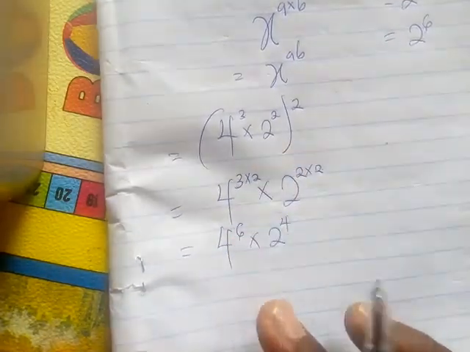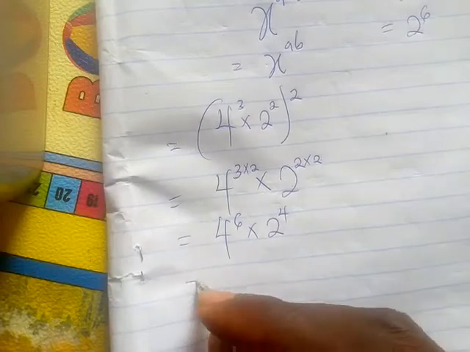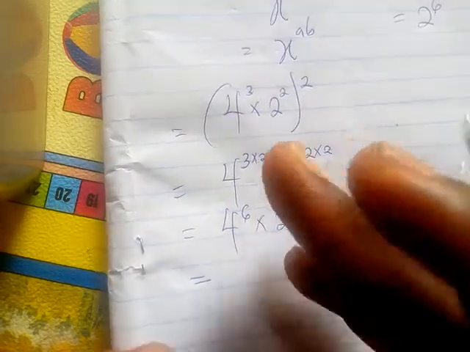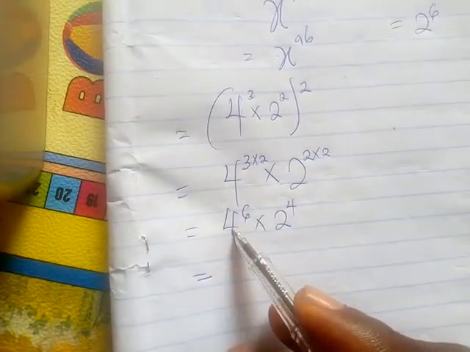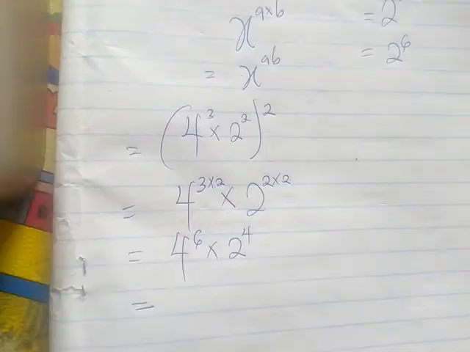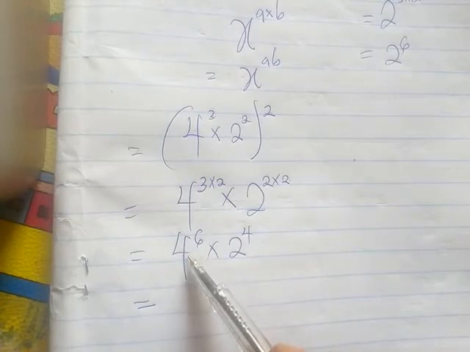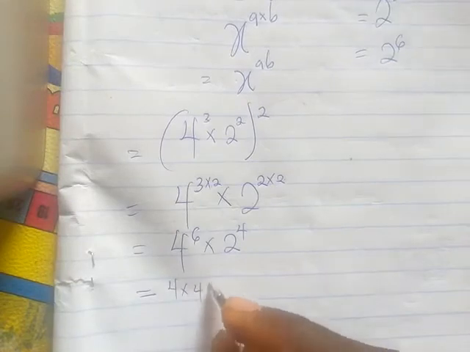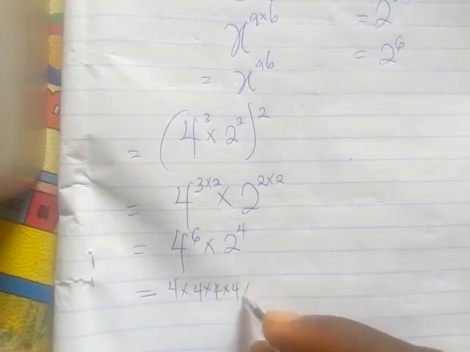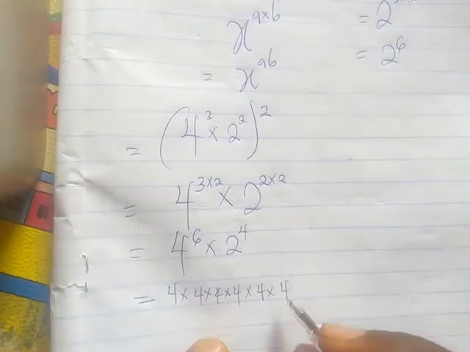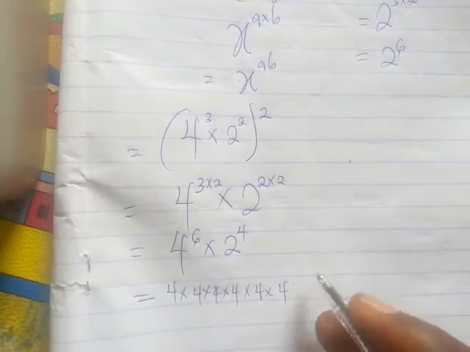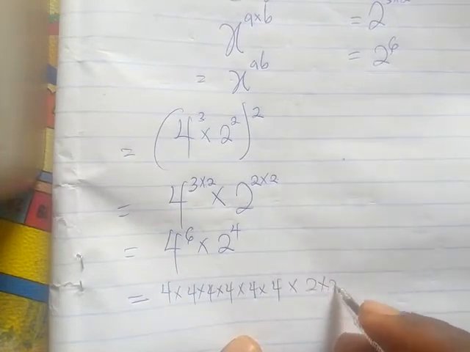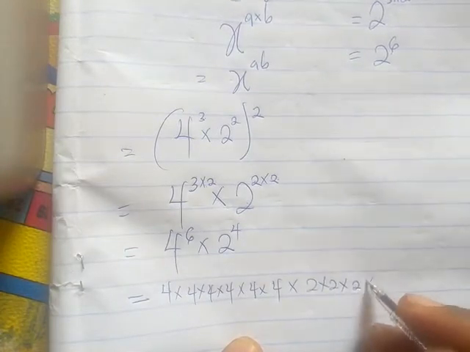You can as well break this down to its lowest form. Now, if you solve for that, 4 raised to the power 6 means 4 times 4 times 4 times 4 times 4 times 4. That's 1, 2, 3, 4, 5, 6. Then you have 2 raised to the power 4 places, which is 2 times 2 times 2 times 2.